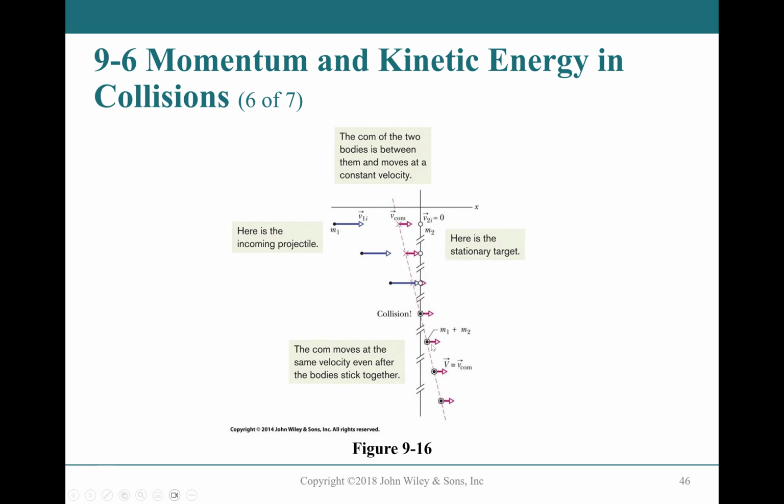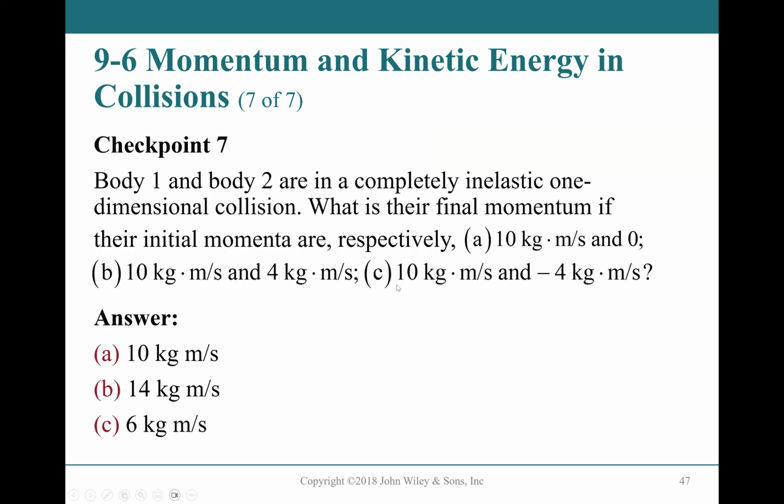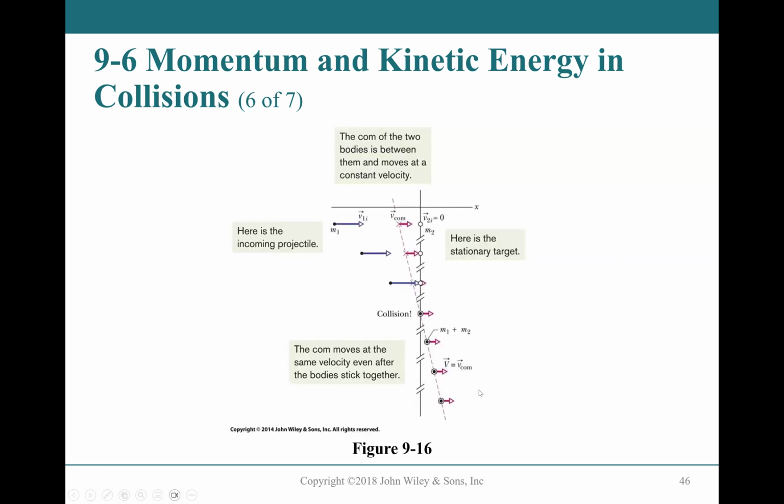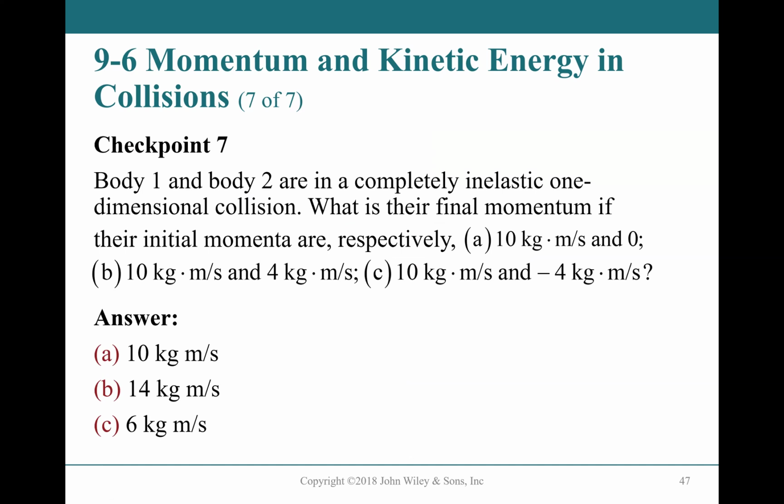And when they are staying together, they are moving together, so the center of mass also moves. This line here shows you the location of the center of mass during the collision process, and V COM stays constant.